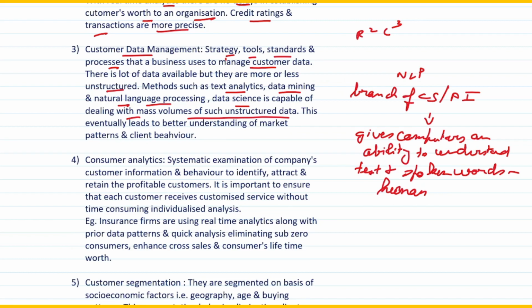So the way we understand, the same way the computers also have an ability to understand text and spoken words. This is done through something called NLP. NLP is what? That is natural language processing, right?